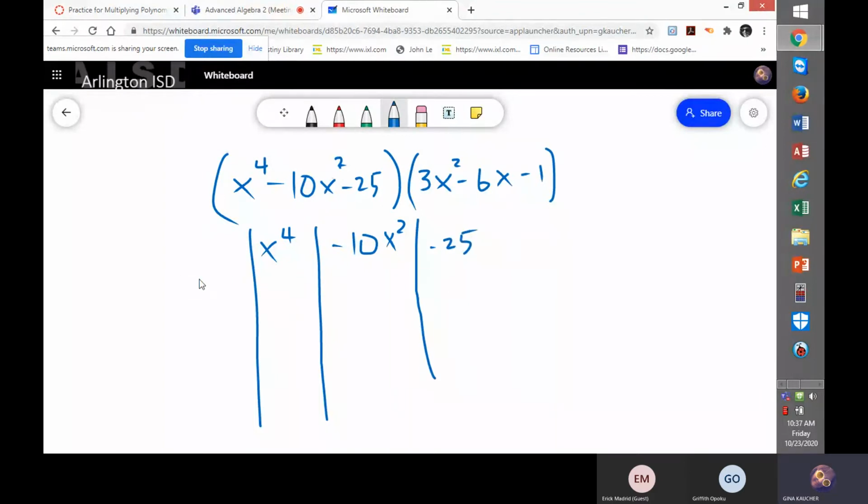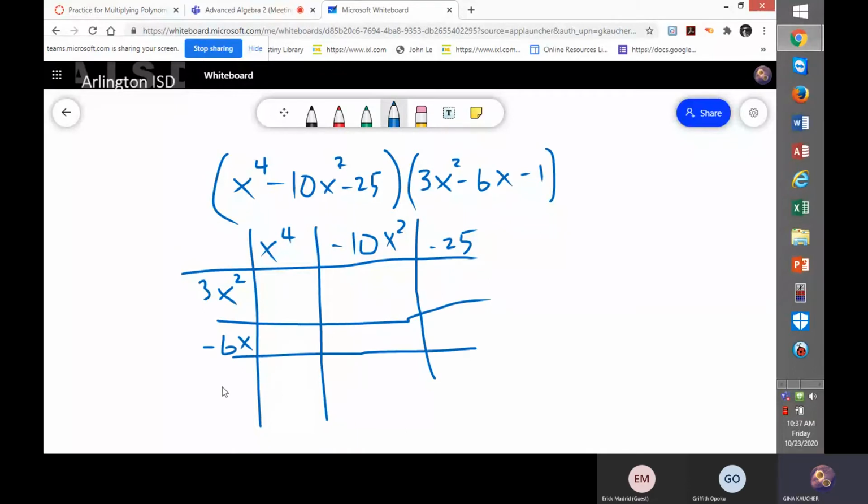So you're going to write the one polynomial along the top and the other one along the side. Okay, now you're going to multiply in here in the box. Trying to make it neater, but it didn't work out the way I thought.